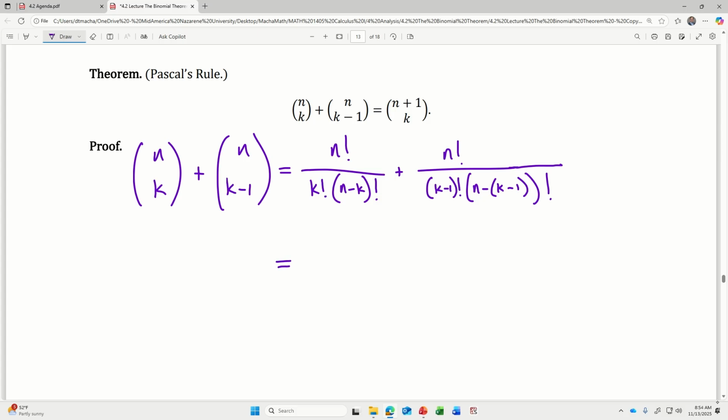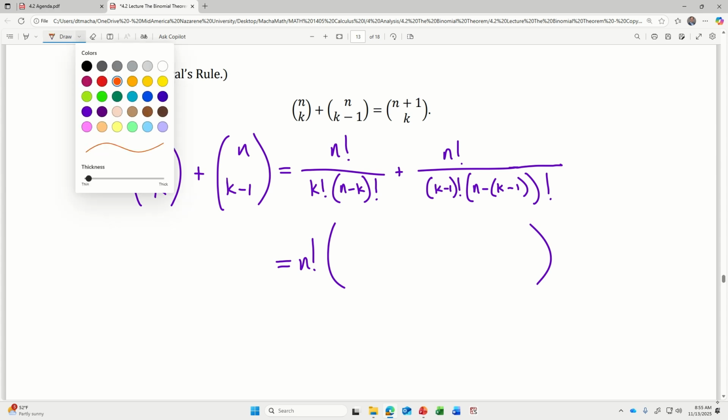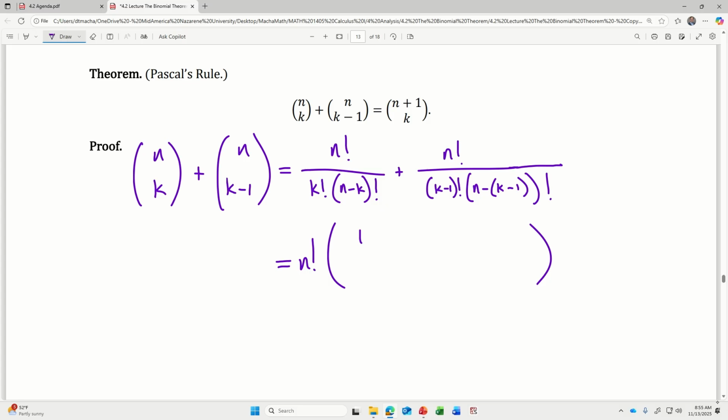Okay, well, let me factor out an n factorial from the whole thing. And then I'm going to think really carefully about this. Let me not do anything yet. I'm going to take it slow.